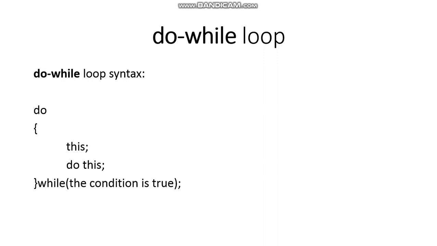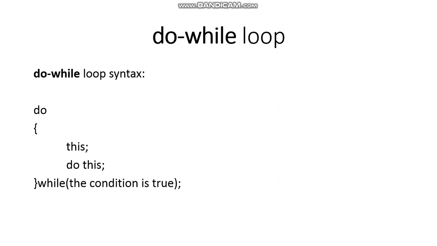After the curly braces are closed, we put the condition, while. Yes guys, first we use do, that means we assign a task with some statements, and after closing of the curly braces the condition is checked, whether it is true or not.